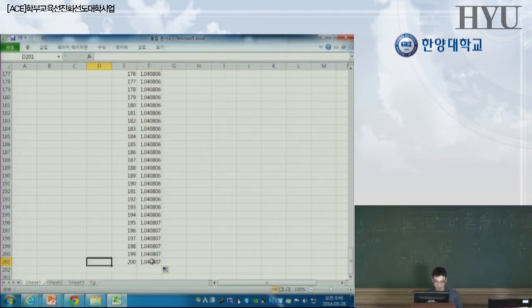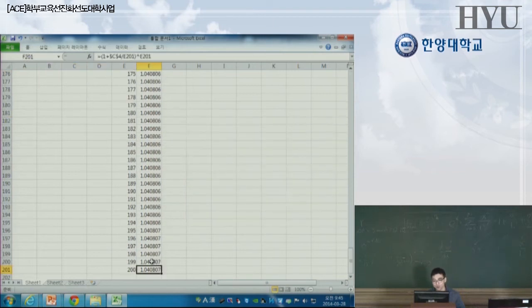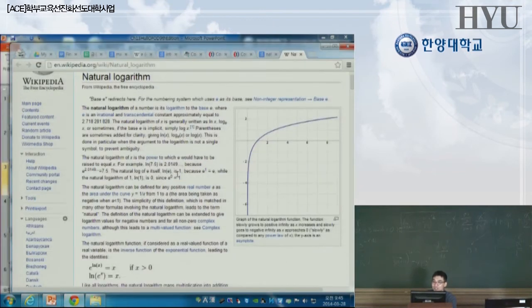So it converges very quickly. 1.0411, and so this is like a several-decimal approximation, so it converges very quickly. And if we go to infinity, then it becomes exactly the same. Okay, so I assume everyone understands e right now.